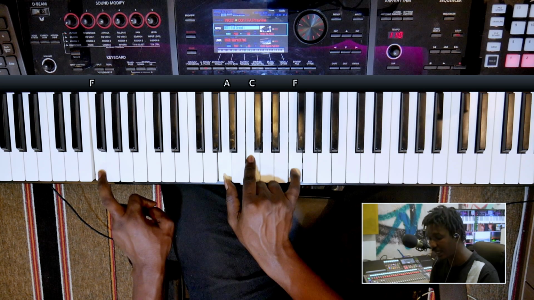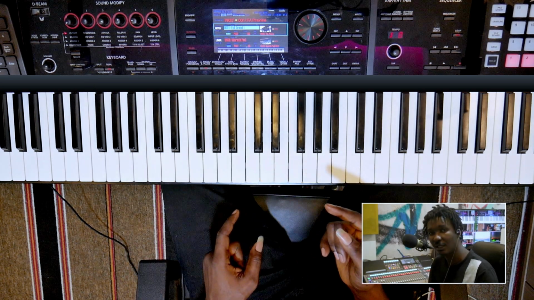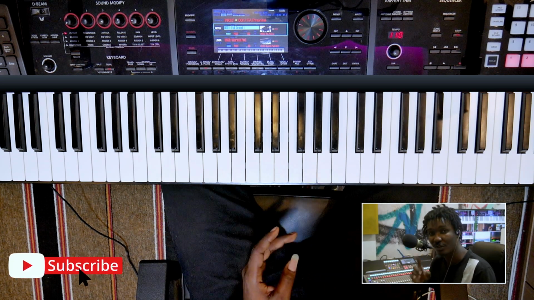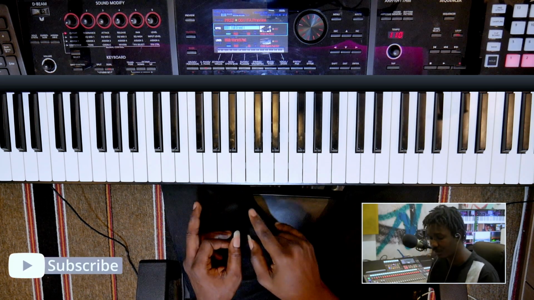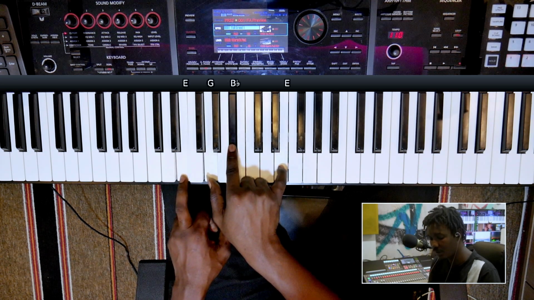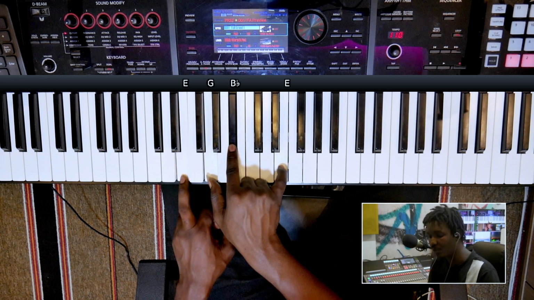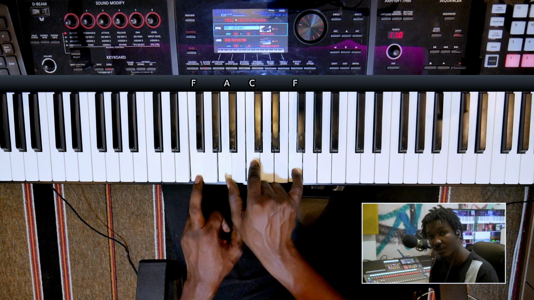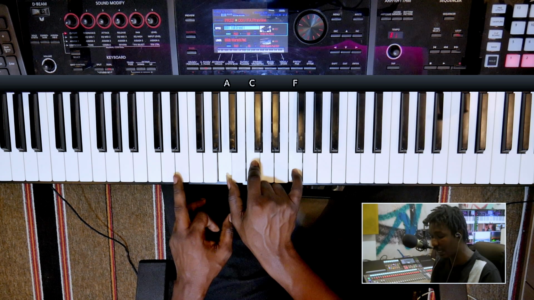Like I told you earlier, the Ti moves as a passing chord to the first. So when you're on Ti, you move it to Do. The Ti can also go back to La.